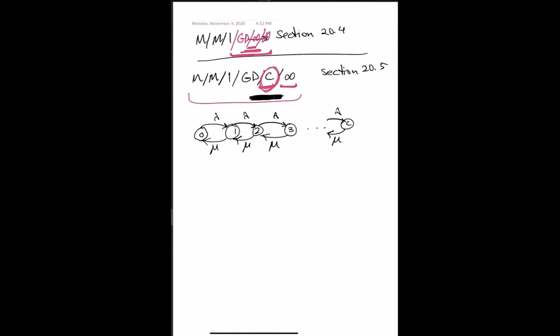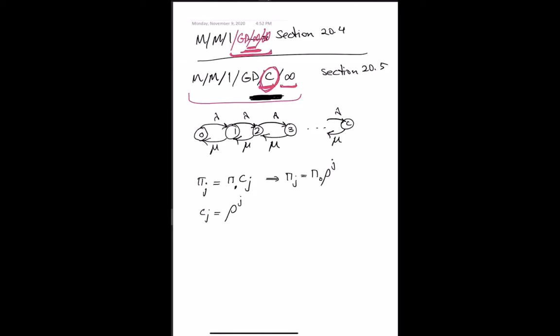Then we can show that pi j, the probability that there are j people in the system, is pi 0 times c j, which is the same formula that we extracted for the general queuing system. And c j, if you remember, was rho to the power of j, so pi j equals pi 0 rho to the power of j.